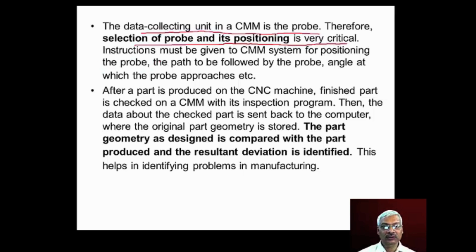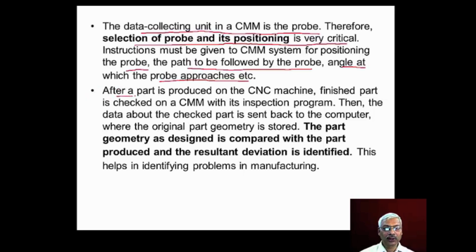Proper instructions must be given to the CMM system for positioning the probe properly, the path to be followed by the probe, and at what angle the probe should approach the workpiece. All these instructions should be properly given by the software.